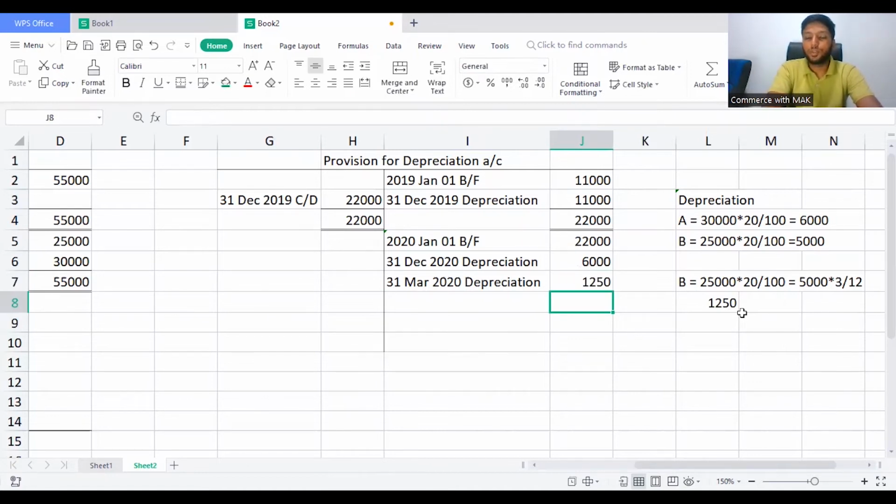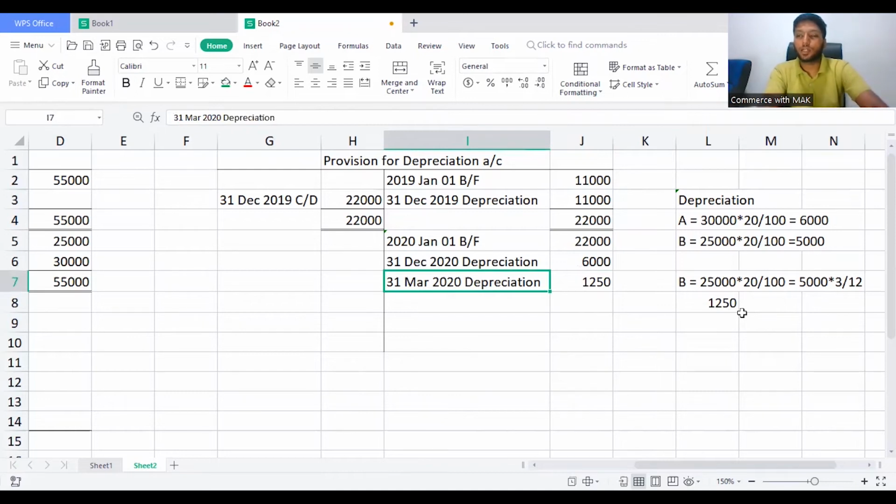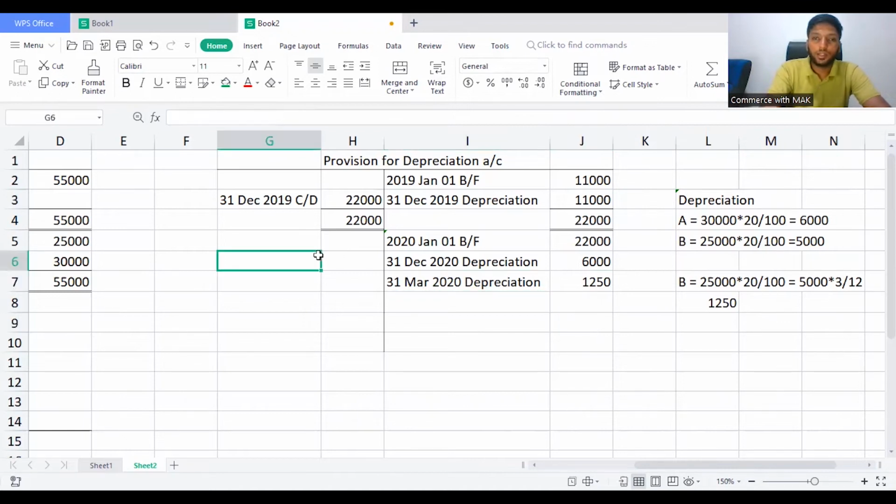Now, though you have calculated 29,050 here, something happens on disposal: the 3 months calculation and the previous depreciation for the particular asset should be removed. Now, what is the asset which we are removing? Depreciation of B vehicle.